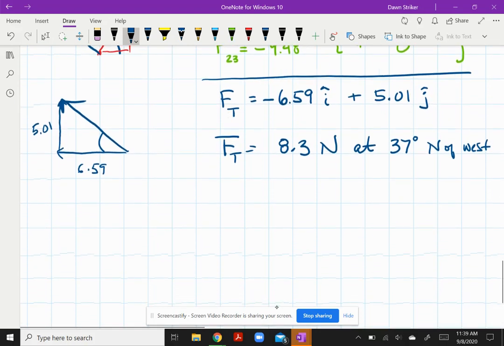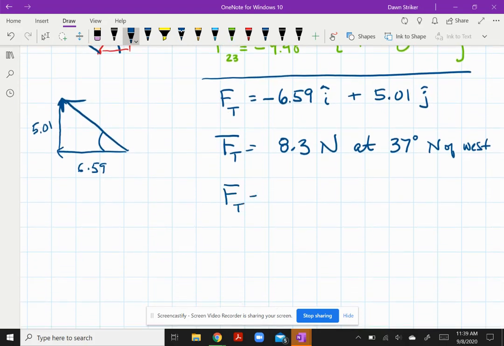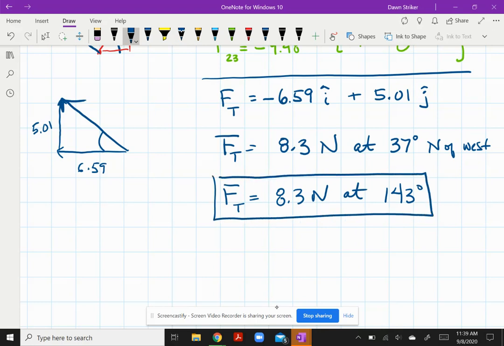Or you could write that the total force is 8.3 newtons at an angle of 180 minus 37, which is 143 degrees. If you don't specify north of west, if you don't specify a direction, the default is that you're measuring from the positive x-axis.